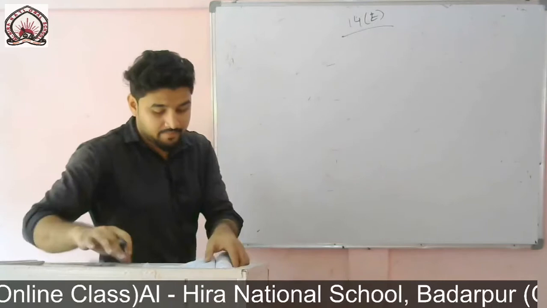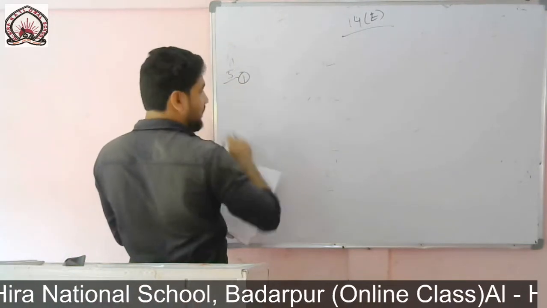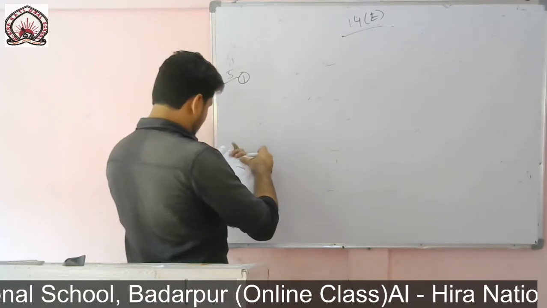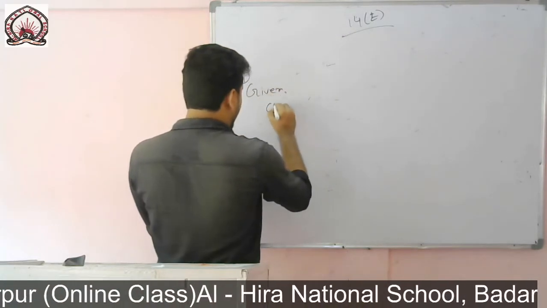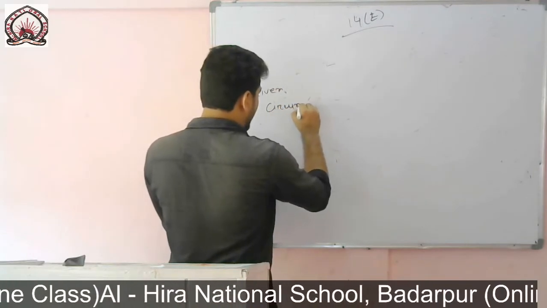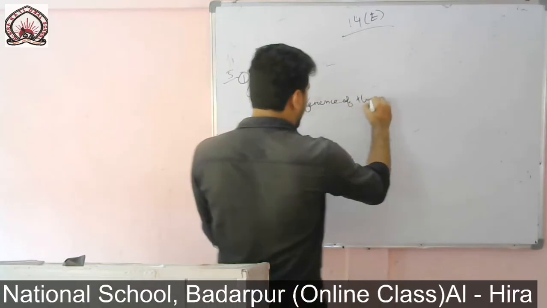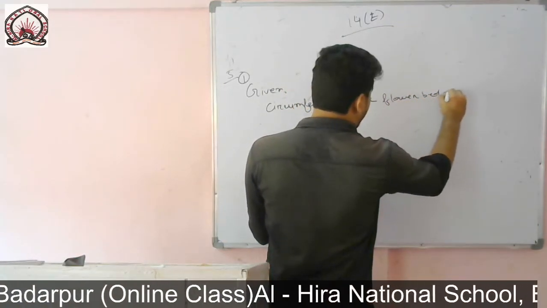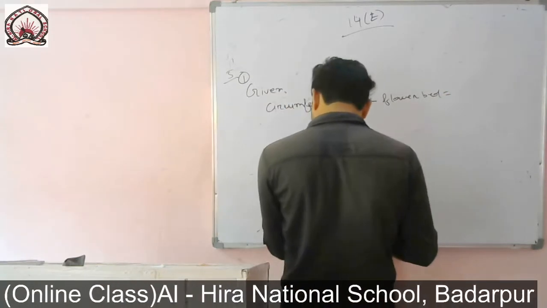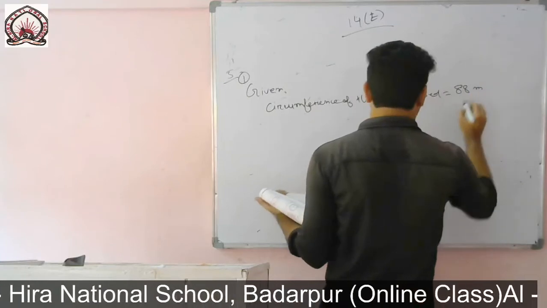So write question number 5. Given: circumference of the flower bed equals 88 meter.